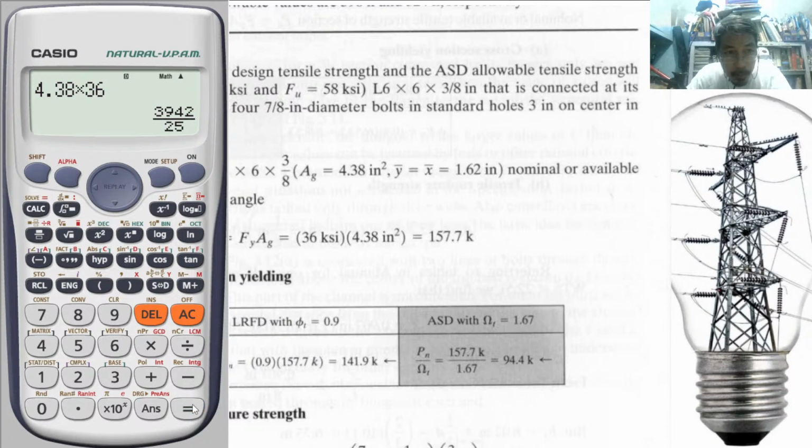Okay? So, the answer would be 157.7 or 158. Okay? So, since this is an intermediate computation, we can use 157.7. Okay? That is the same with the book.